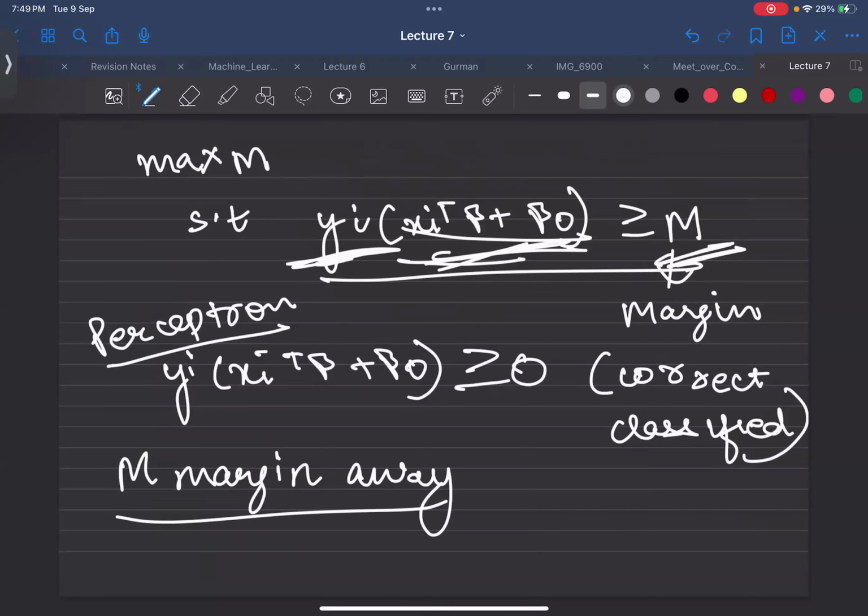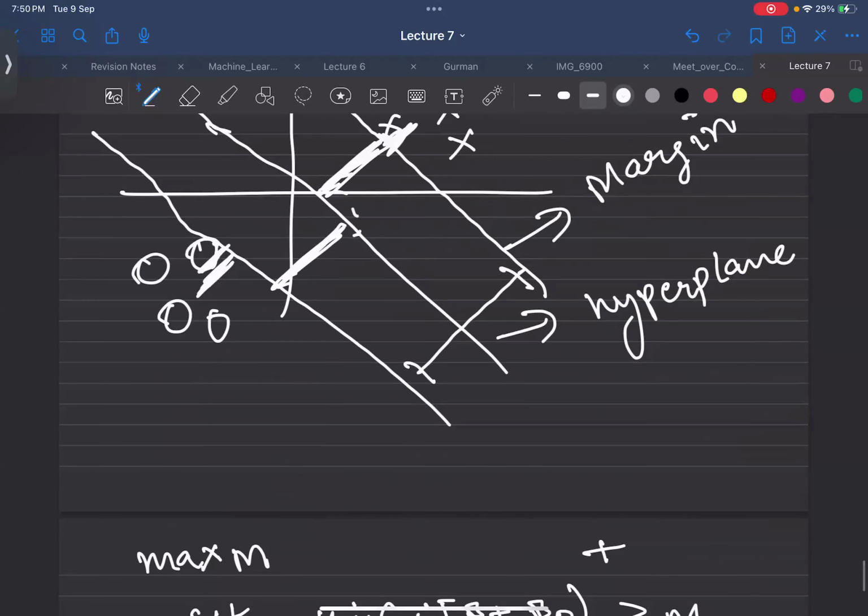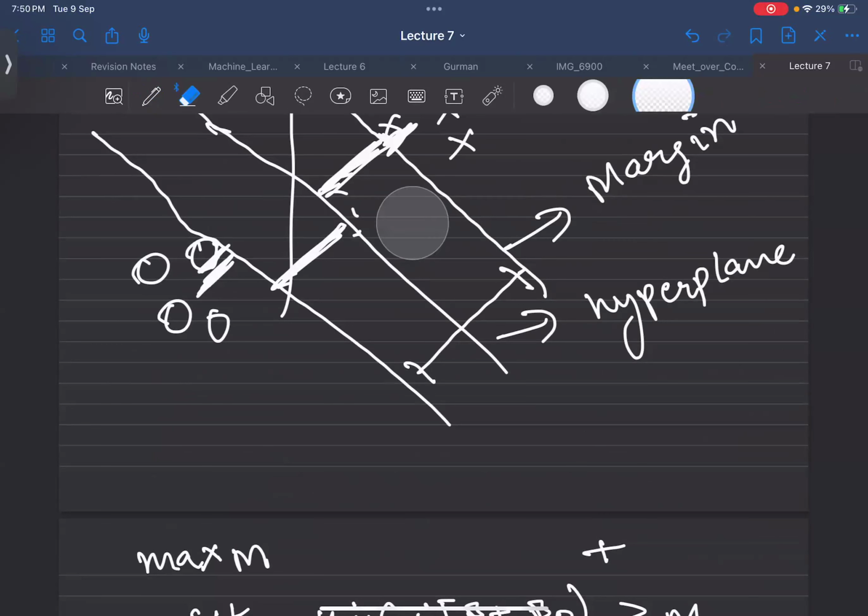In perceptron learning, if it's positive, it means it's correctly classified. Now I'm saying, if it's greater than m, the point must not only be on the correct side, but at least this much margin away. It shouldn't lie here, it should be this m margin away. Fine, everyone? Bhavna, have you got it, or should I explain again?